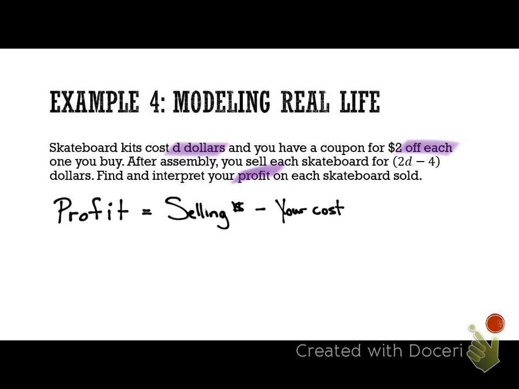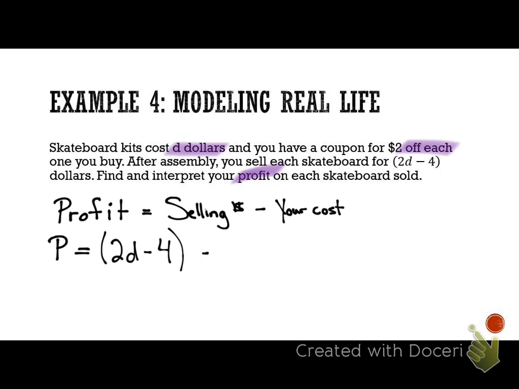So profit equals P, what I'm trying to solve, equals, they told me that I sold each skateboard for what? 2D minus 4. 2 times the kit minus $4. So that's what I'm going to write here: 2D minus 4. That's my selling price. Again, I can put whatever cost for the kit I want in there because I don't know what D equals.